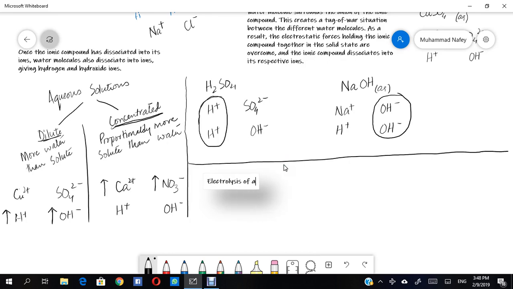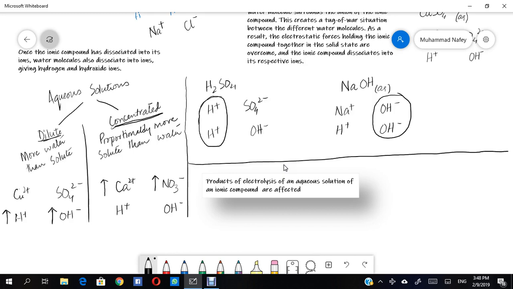Electrolysis of an aqueous solution of an ionic compound, or it will be more appropriate to say products of electrolysis. Products of electrolysis of an aqueous solution of an ionic compound are affected by two factors.